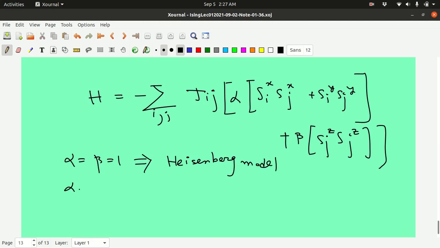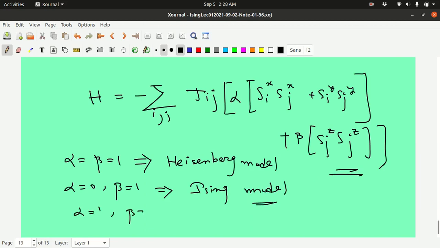If alpha equal to 0 and beta equal to 1, it is the usual Ising model, because you can see that only this term is there. When alpha equal to 1 and beta equal to 0, it is called the XY model, because X and Y spins are there. So this is all about the Hamiltonian of the Ising model.